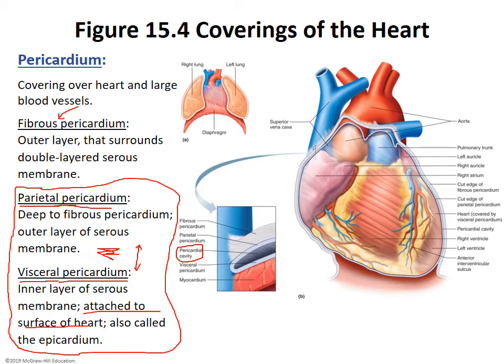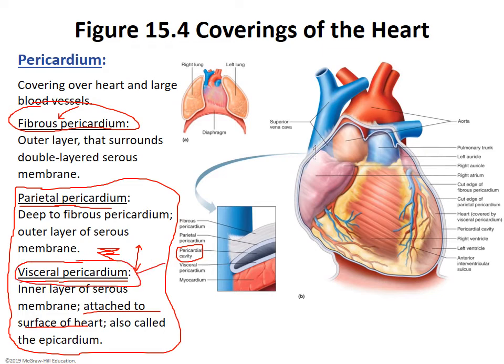It's what basically anchors the heart where it is. Now, hopefully those three make sense. The only big difference is this fibrous pericardium is the new one that I'm throwing at you, and it's the outermost one.